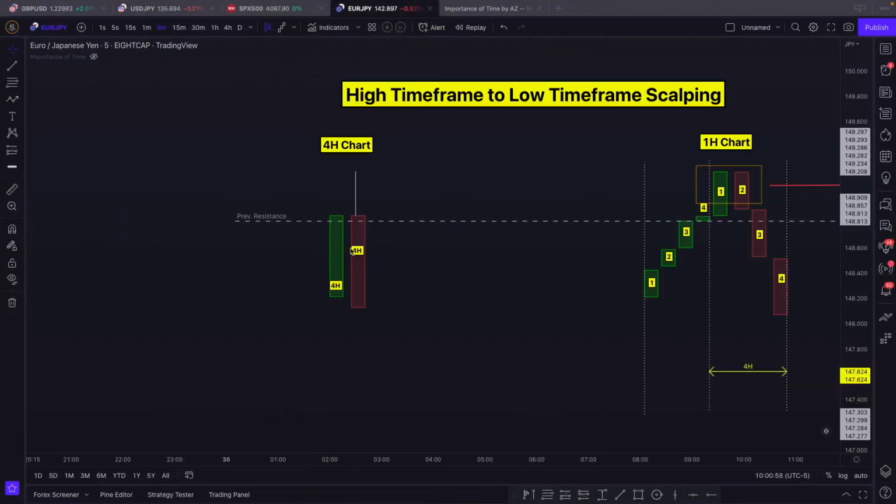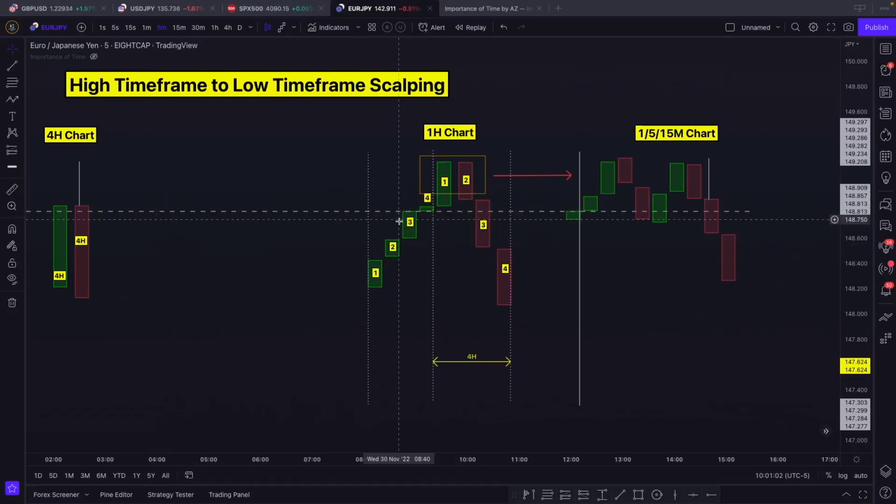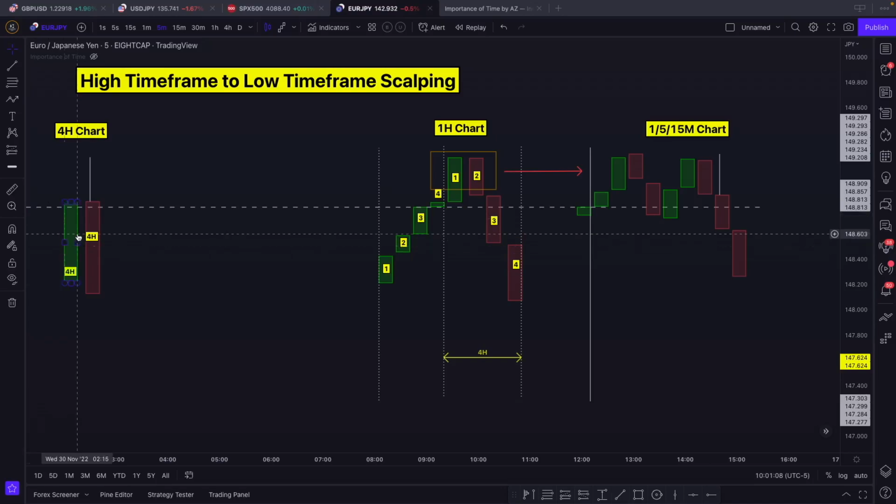If we look at this 4-hour chart example on a 1-hour chart, we could be looking at something similar to this. Each of those ranges represents a 4-hour range. So within this one 4-hour candle, we have a total of four 1-hour candles. However they are aligned, we slowly but surely walked our way up above our previous resistance level.